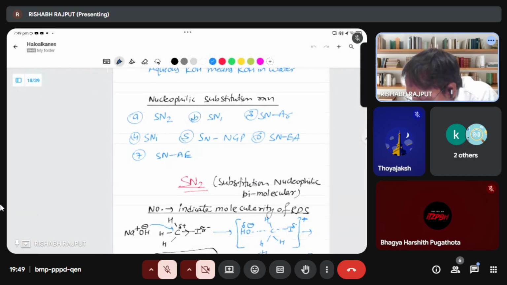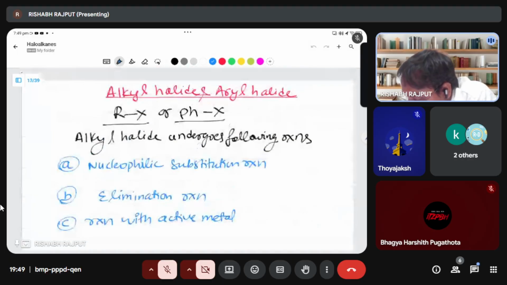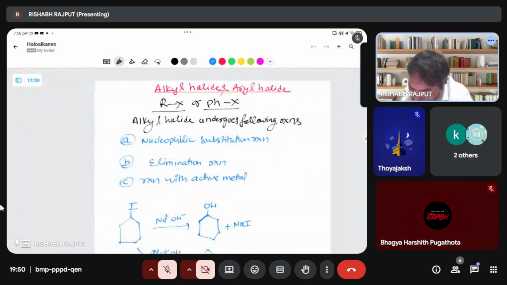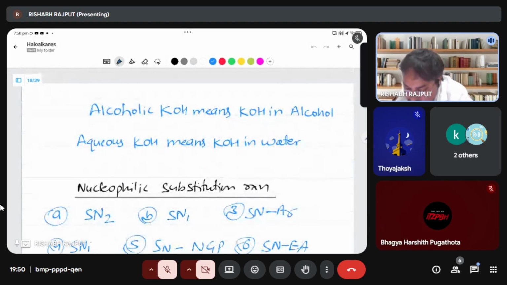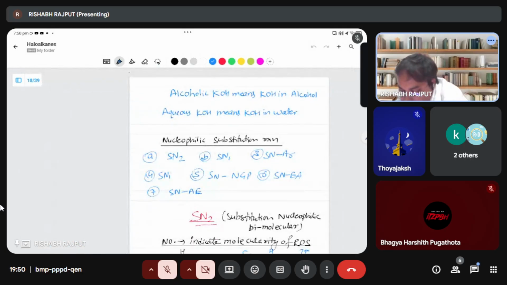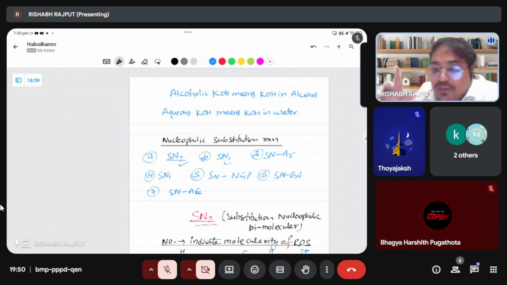See guys, in your haloalkane chapter, you will observe SN2 and SN1 mechanisms. What is the meaning of that? Nucleophilic substitution reaction, 2 and 1. Sometimes you see it means intermolecular. 2 means your molecularity is 2.